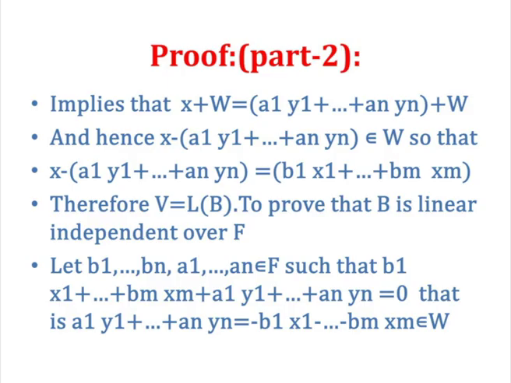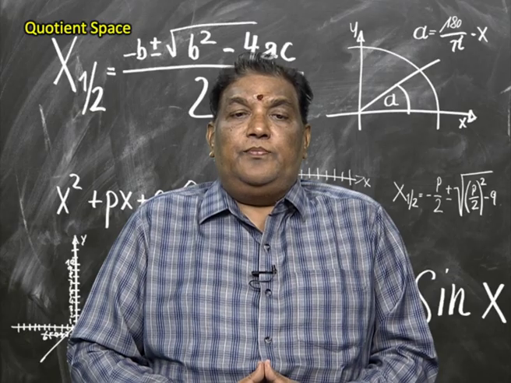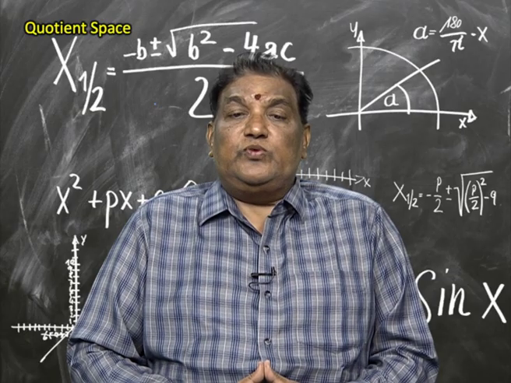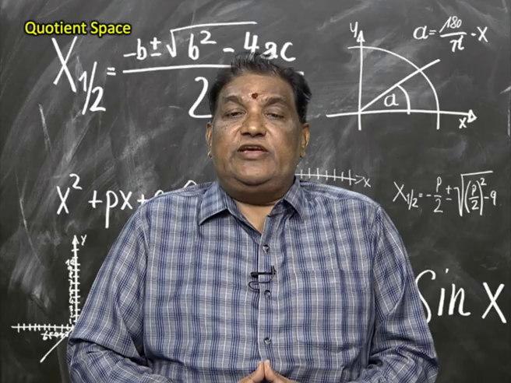To prove that B is linearly independent over F, let b1, etcetera bm, a1, etcetera an belong to F, F is a field, such that b1x1 + so on bmxm + a1y1 + so on anyn equal to 0.